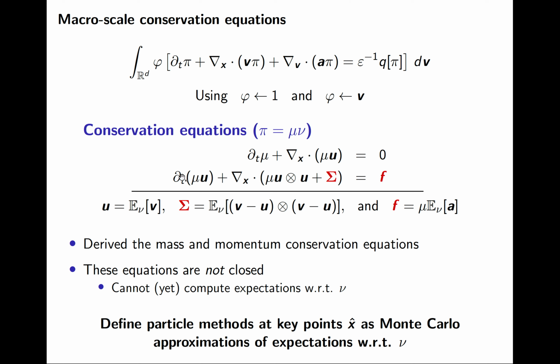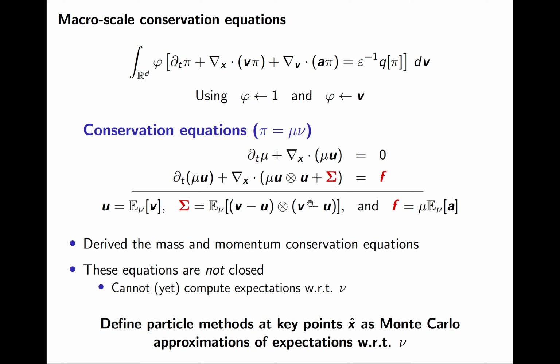And because we have two equations, we actually have an equation we can explicitly solve for this expected velocity. Now, instead of prescribing a constitutive relationship, however, we're going to say that sigma, the stress tensor, is equal to the covariance, the second moment of the velocity density nu here. So it's the expectation of this term here.